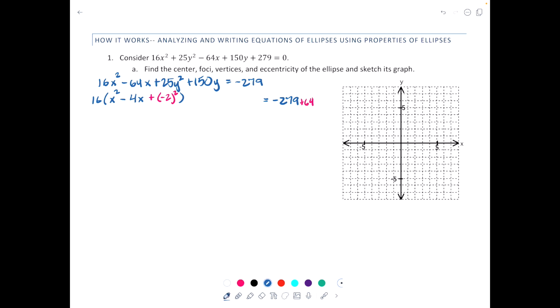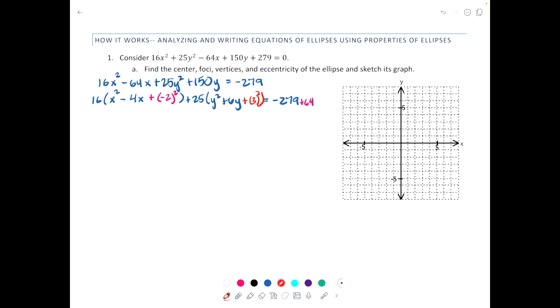Now we've got to factor out 25 from the y terms, so we'll have y squared plus 6y. We will be adding 3 squared, which is 9, inside the parentheses, but 9 times 25 is what we've really adjusted the equation by since we factored out the 25.